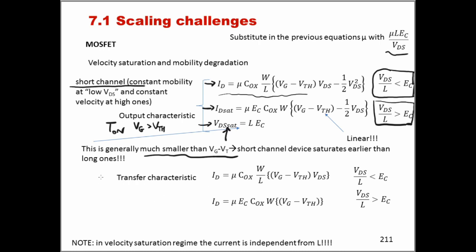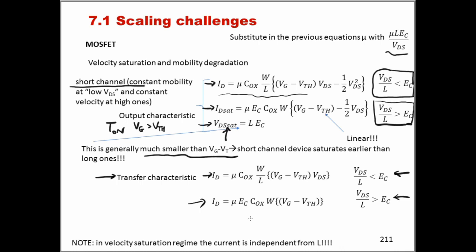And regarding the transfer characteristic, again, we need to separate the low field from the high field case. So when we are in the low field case, the ID is given by this formula here, which is exactly the same as the one that we've seen for the long channel case. But if we go above the critical electric field, we enter the velocity saturation regime, and then the ID changes to this one.